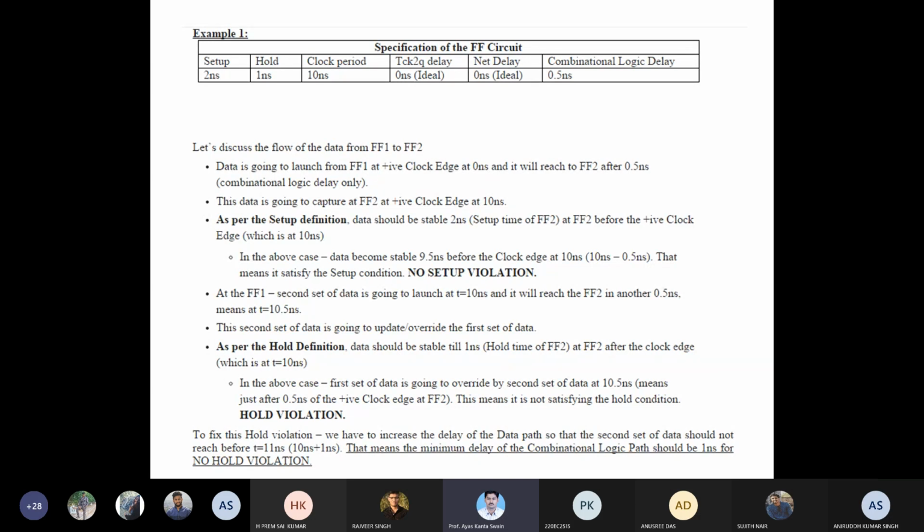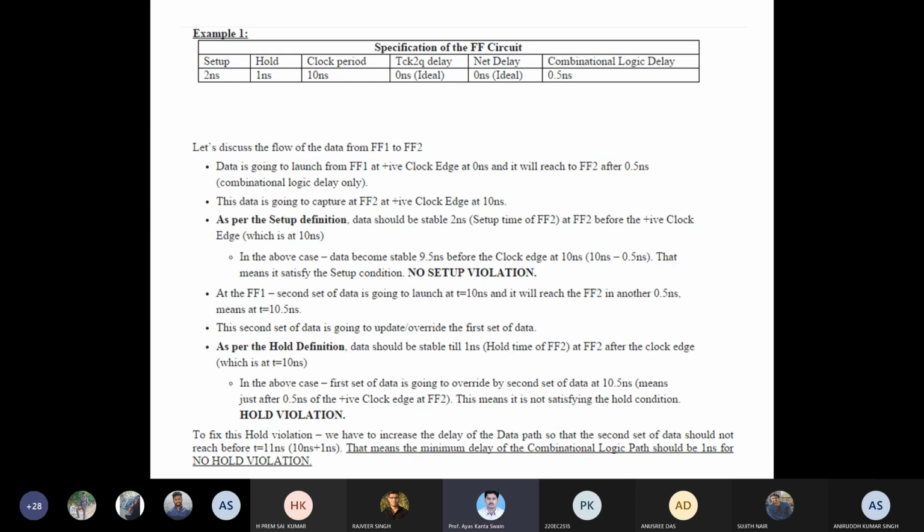So we have to see whether the data has reached well before the setup time, keeping the clock at 10 nanosecond. If it has reached well before, then there is no setup violation. If it reaches after that, then it is a setup violation.